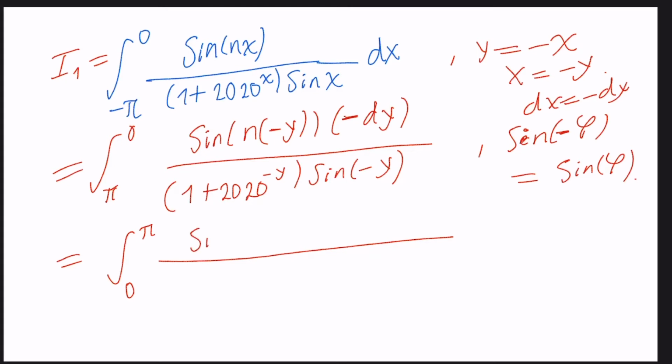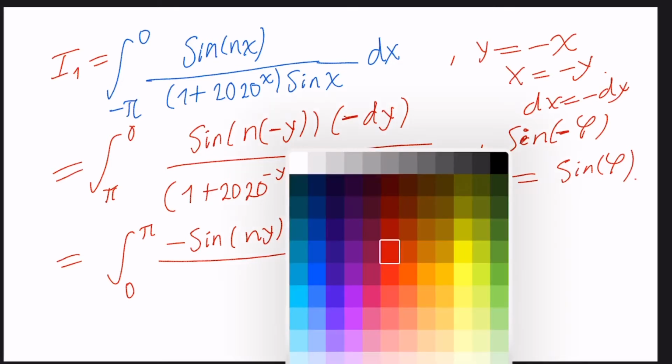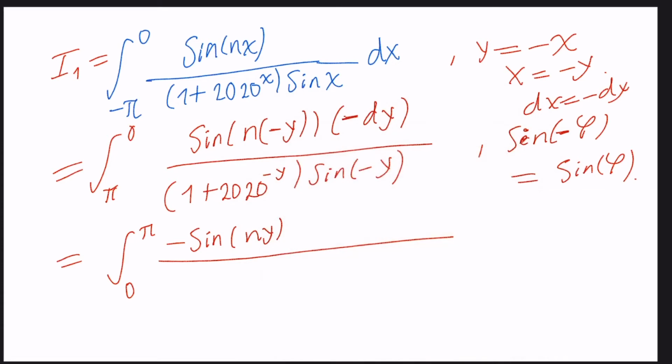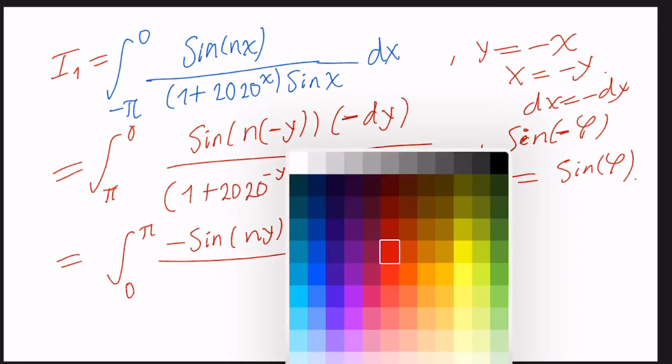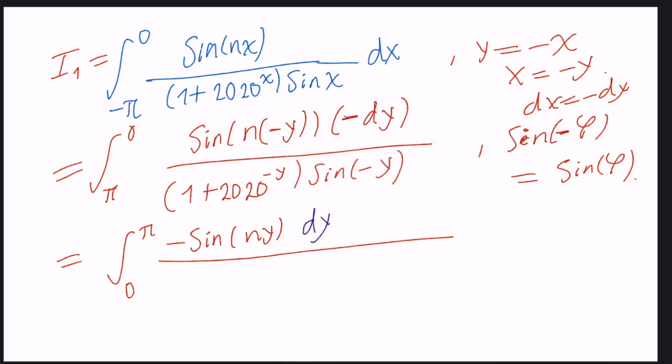So, sine of n y. We used this minus already. Remember, we used this minus from here to exchange the limits of integration. So it is dy. Just a little bit of change. And here, this is the important part.